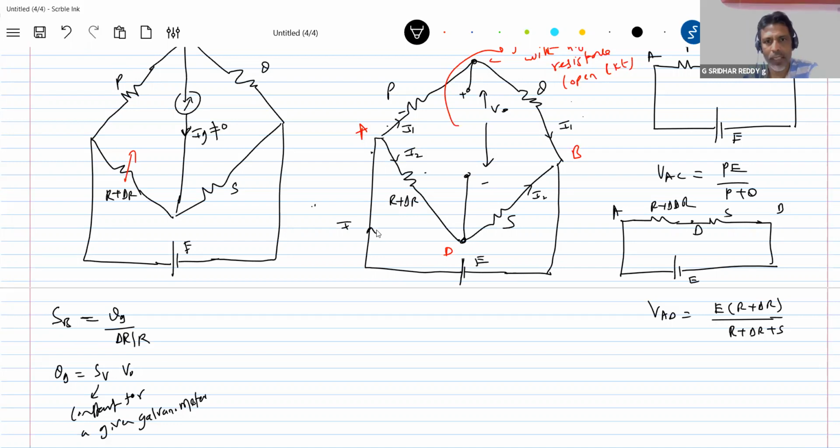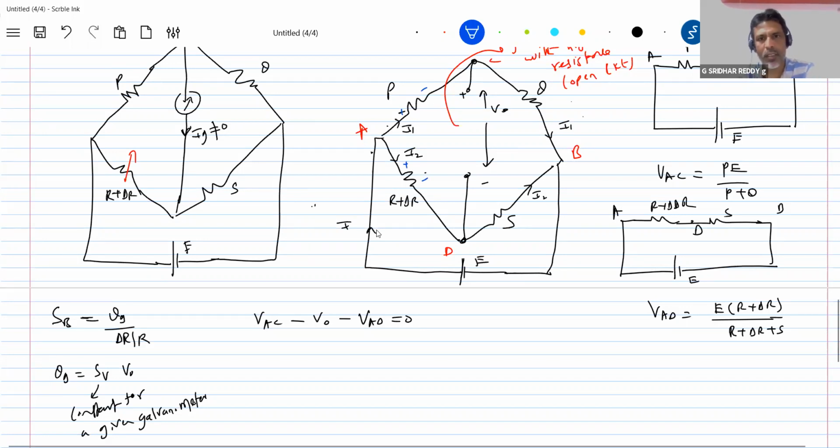So let me write the loop equation. VAC minus V naught minus VAD equals 0. Here I applied KVL: VAC minus V naught plus VAD, because the current will flow like this, no? Plus minus, plus minus.